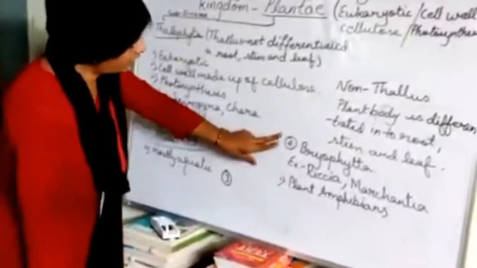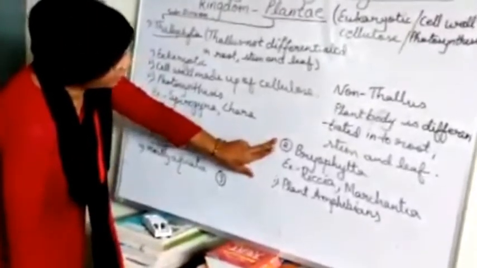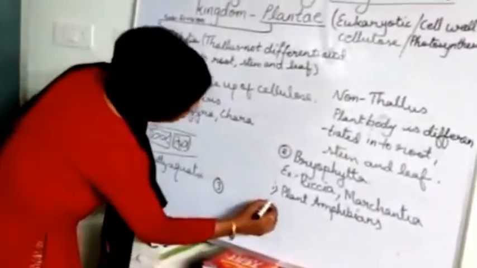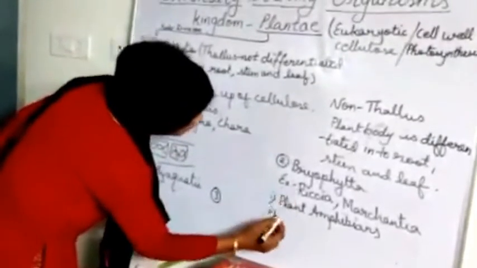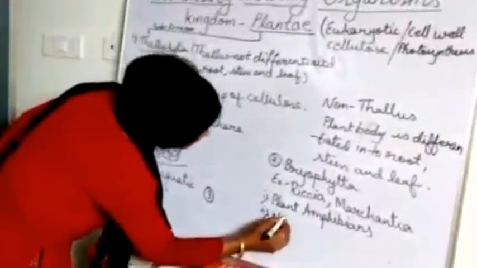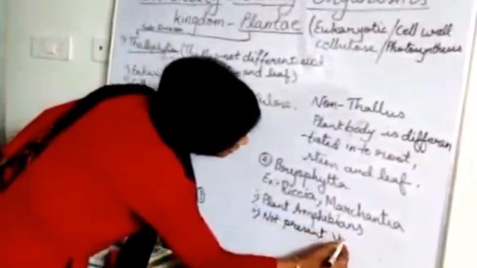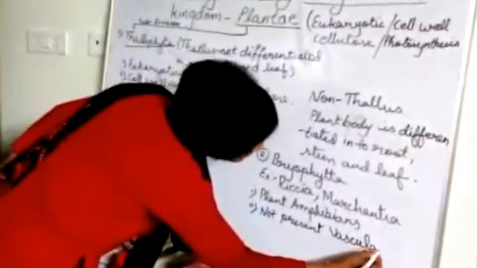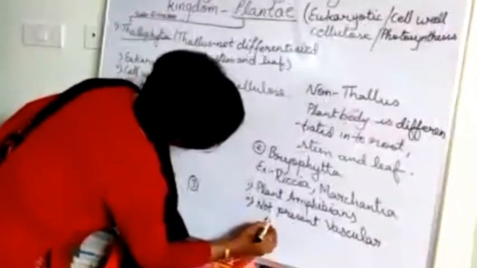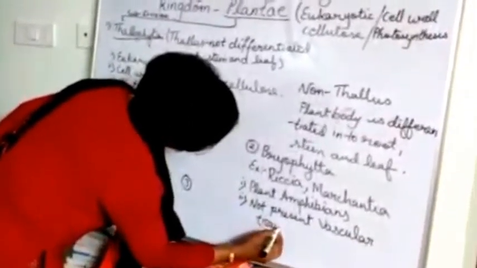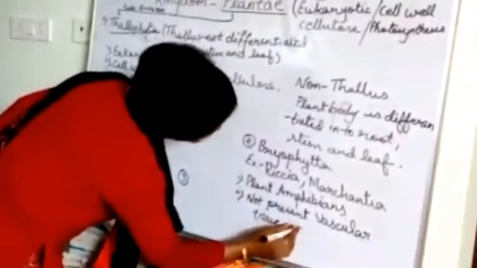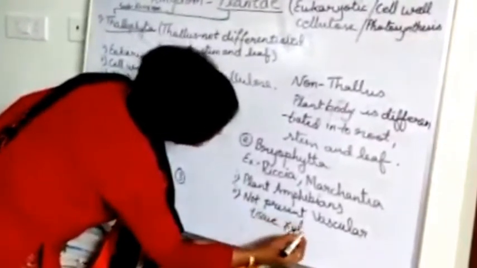Now in Bryophyta, there is one more point: vascular tissue, that is xylem and phloem, is not present.